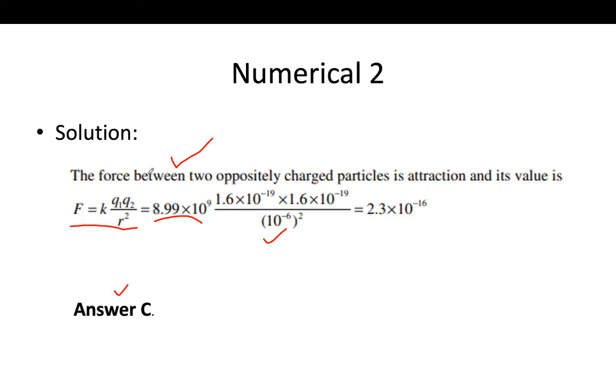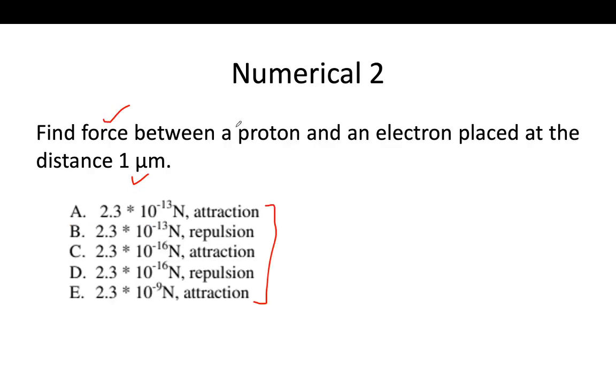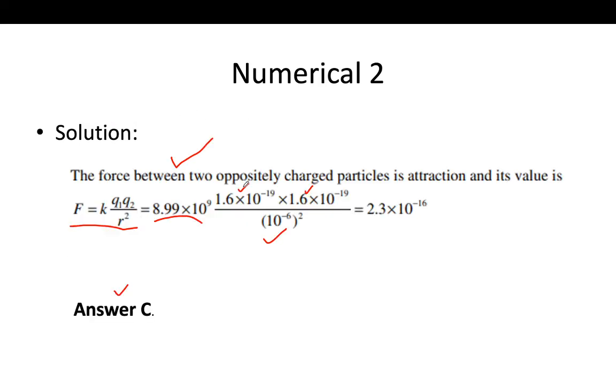We put in the value of the distance, and since no specific value of proton or electron charge is given, we will use the constant value for both of them, 1.6 into 10 raised to power minus 19, and we will find the force. So what is the answer for this? 2.3 into 10 raised to power minus 16.